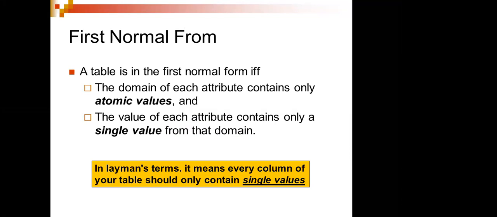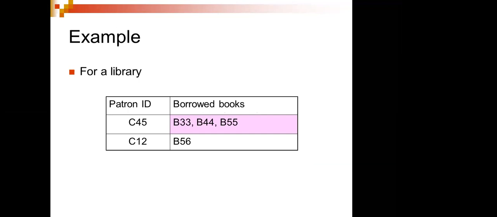That means, in a single statement, we can say that every column that has been defined in a tabular format should have some values. How will it be? Suppose I have an example. There is something called an entity. Library is an entity. It has two attributes, patron ID and borrowed books.